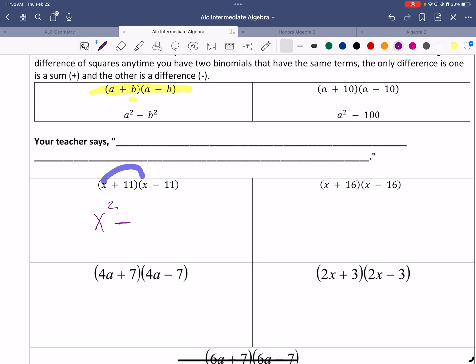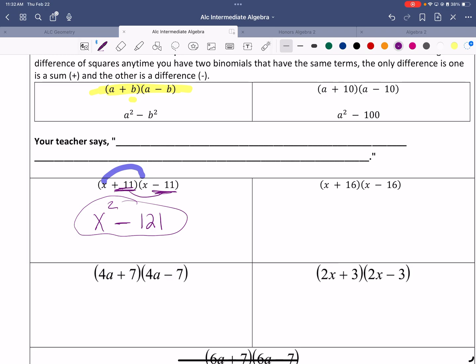The result will always be minus. Why is it minus? Because the last terms are positive 11 and negative 11, so a positive times a negative gives us a negative. 11 times 11 is 121, and you'd need a calculator to do that.